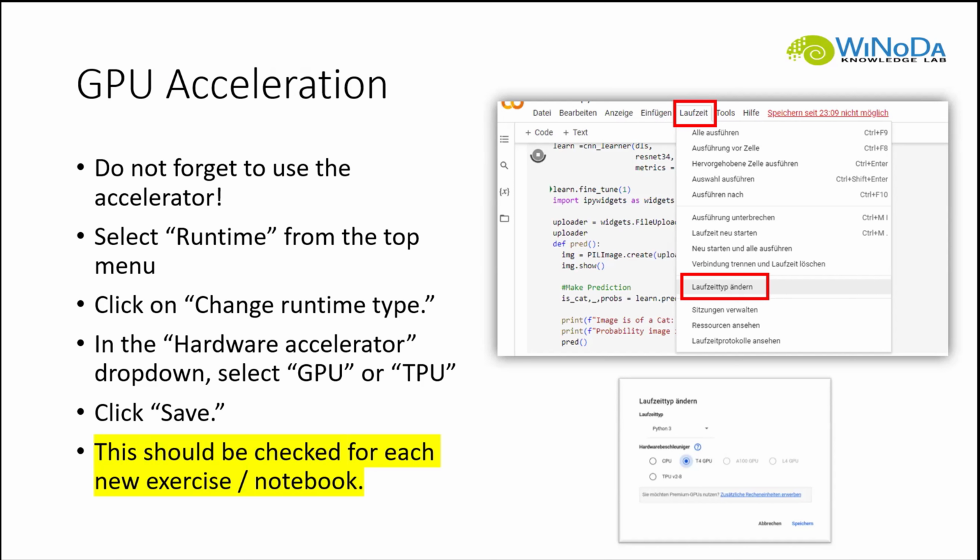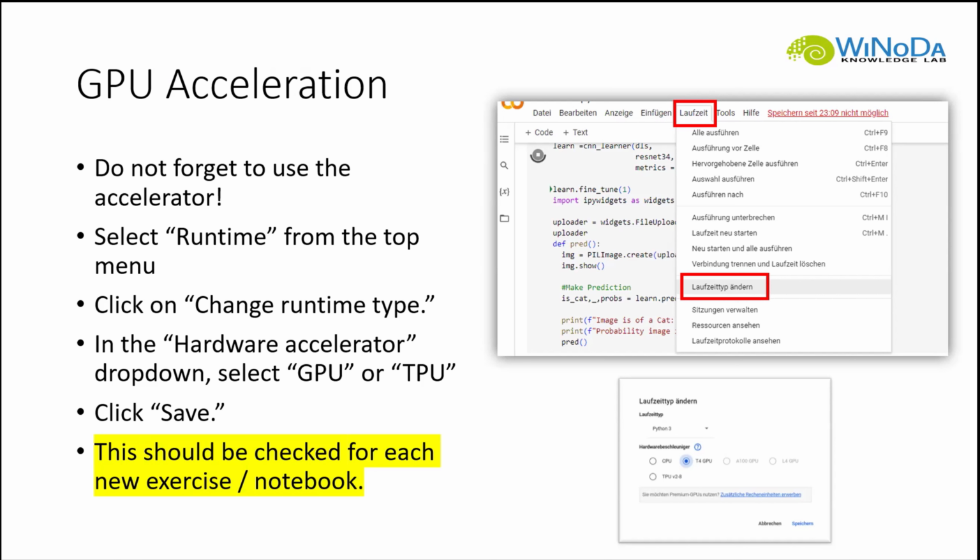So what you need to do is, if you open your Colab notebook, you go to Runtime, or Laufzeit in German. You say change runtime, and then you can select here a GPU. The only thing is, if you don't pay for the Google Colab account, you can only run one program at a time, so you can only use one GPU at a time.